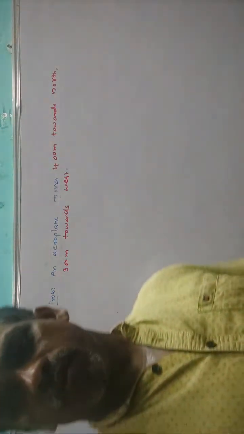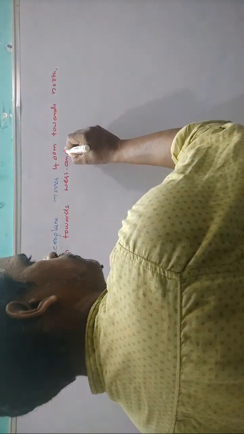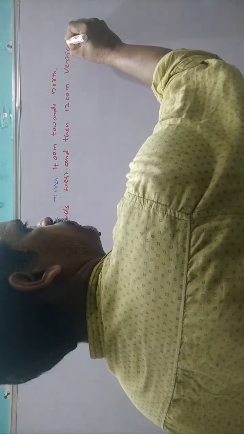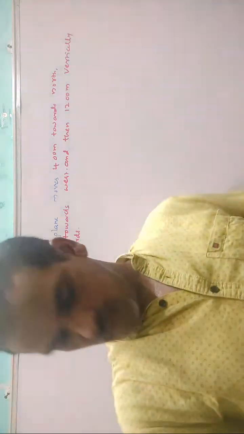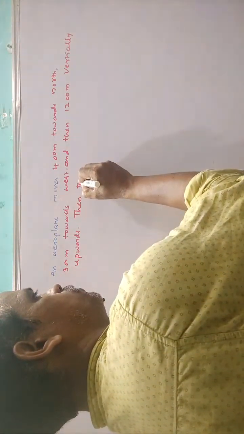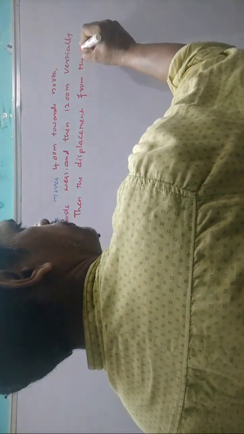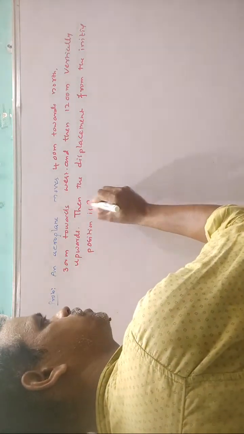So just write the problem: then 200 meter vertically upwards, then the displacement from the initial position is.